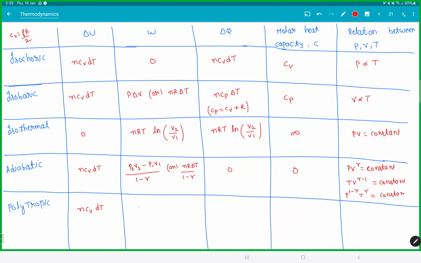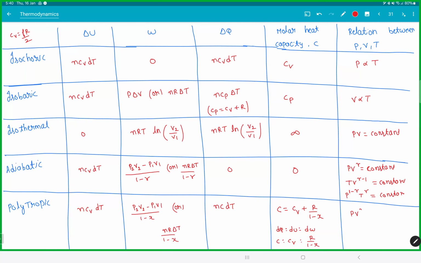Work done here would be the same thing, P2 V2 minus P1 V1 by 1 minus X, or nR delta T by 1 minus X. Delta Q is nC dT. C is Cv plus R by 1 minus X. So here this would be a better one. dQ is to dU is to dW will be in the ratio of C is to Cv is to R by 1 minus X.